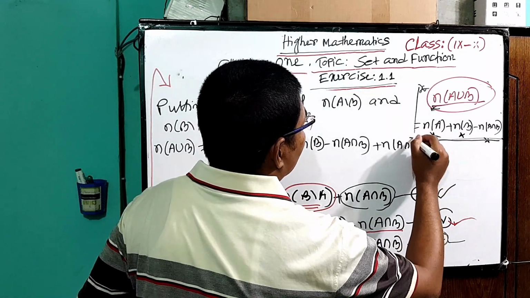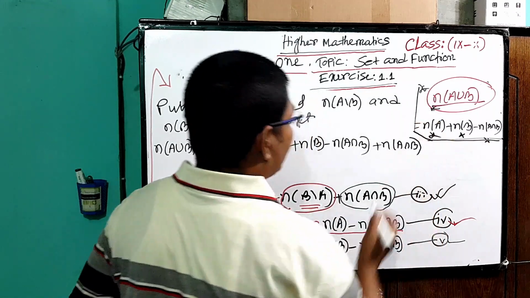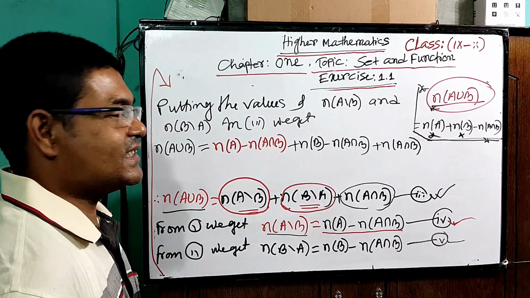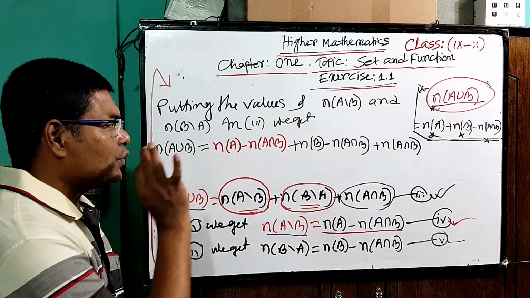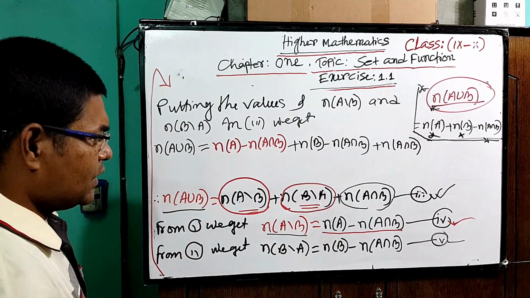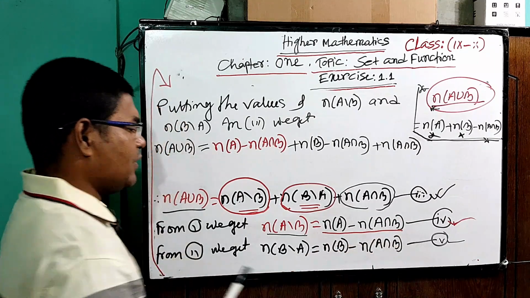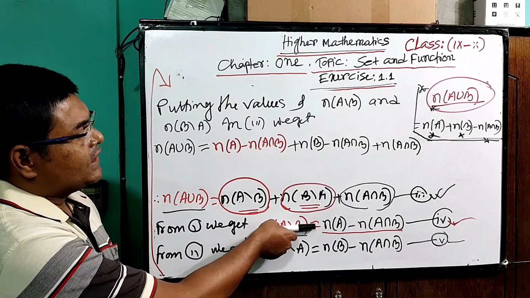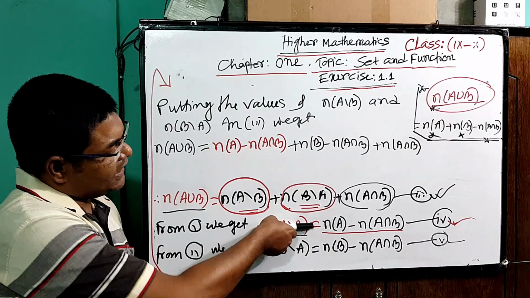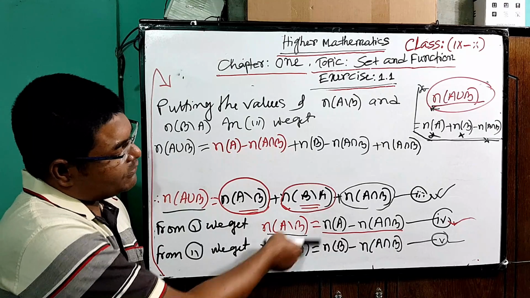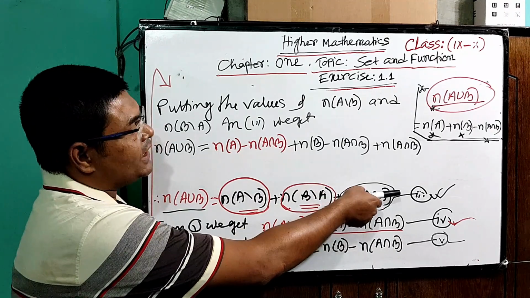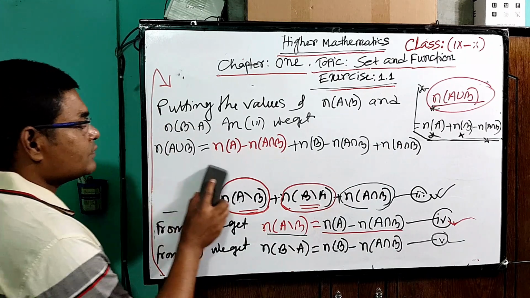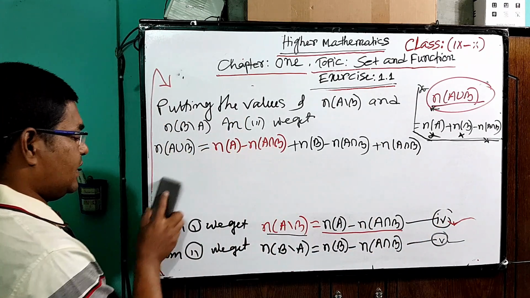Okay. So putting the values has been done. Now we have to calculate a little bit. From 3, 4, 5, putting the values of this here, and this is the remaining part. Now putting the values is completed.